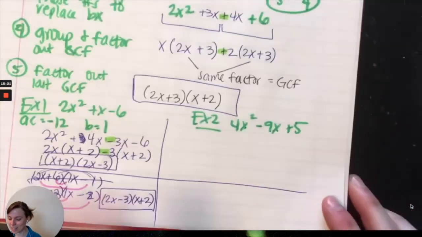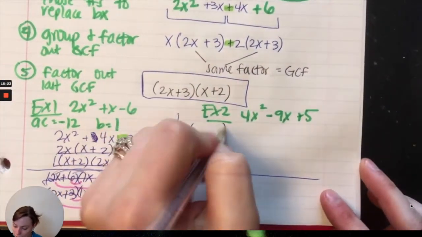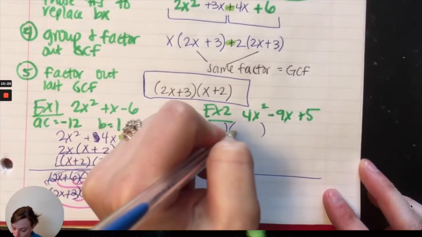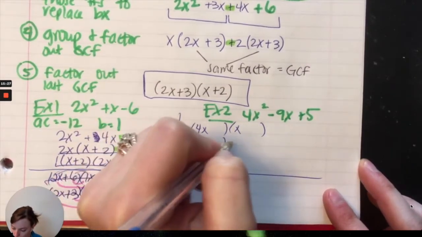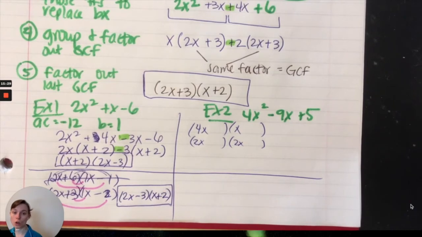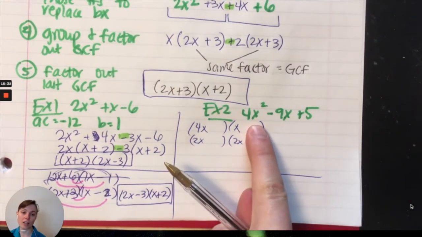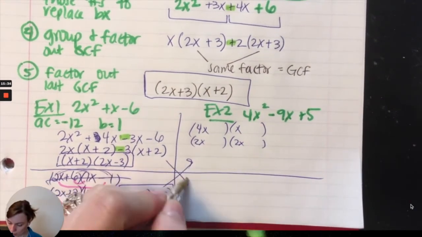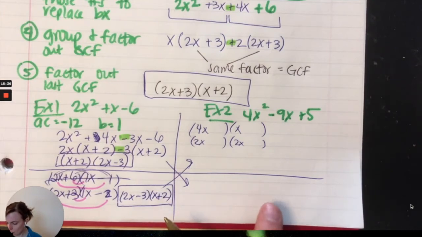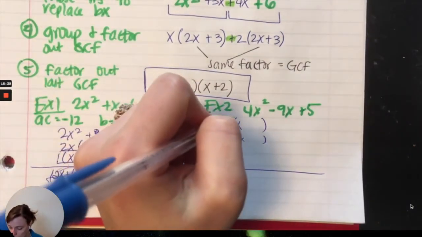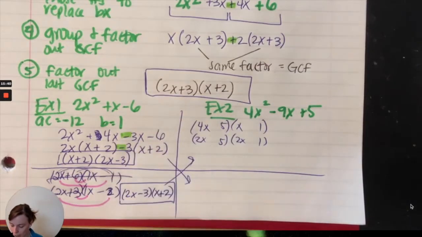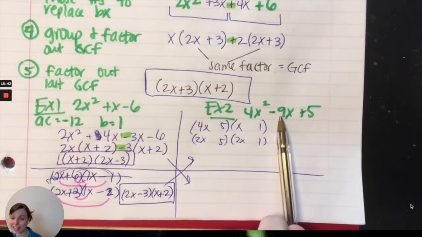So if I did example 2 with logic, I know that it's either going to be a 4x and an x, or it could be a 2x and a 2x, because those will give me 4x squared. So these are logic, and this is grouping. Then I know it has to be 5 and 1. Okay, and let's see, I need to get a negative 9.